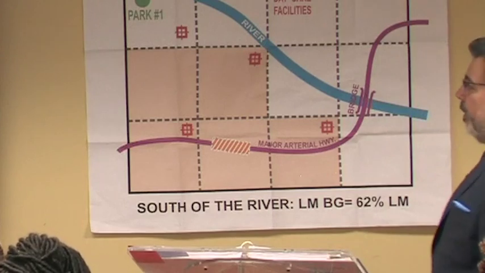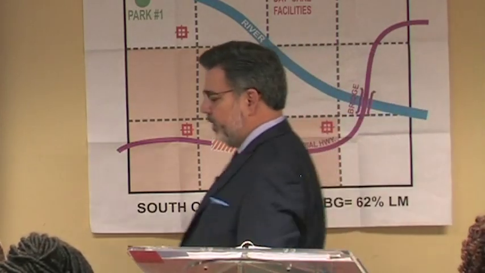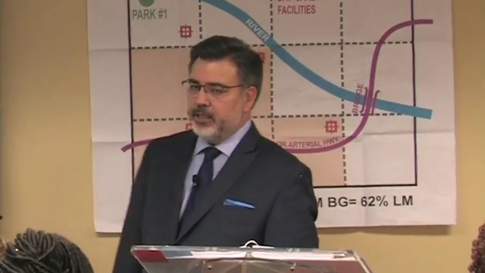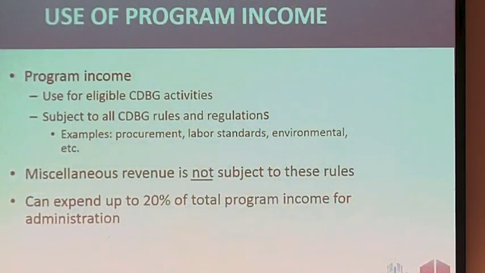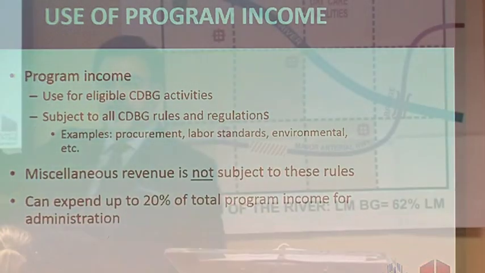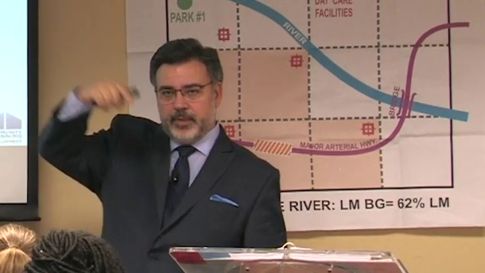Okay, the use of program income. The best way to describe this is to think of it as new money that was allocated to you. What you can do with it is exactly what you can do with your original grant money, okay? Nothing more, nothing less. You can also take your 20% admin money from that program income for which year? Current year.